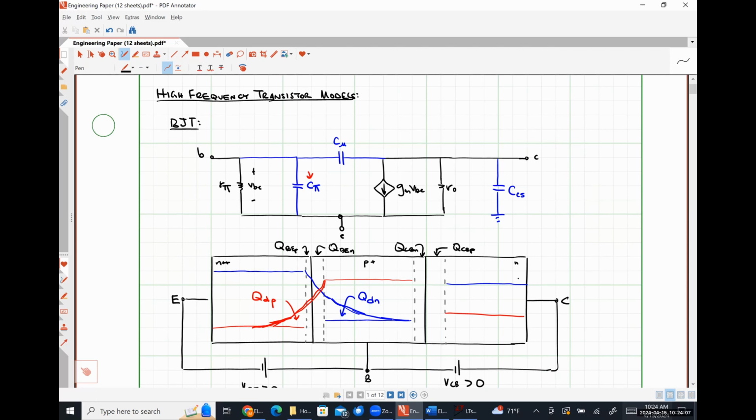Getting a little bit ahead of myself, what we're going to see is that every transistor amplifier that we've dealt with is going to look like a bandpass filter, where its low frequency response is dominated by the biasing capacitors, the coupling capacitors and the bypass capacitors that we said looked like short circuits back in 335, and its high frequency response is going to be dependent on all of these internal capacitances.